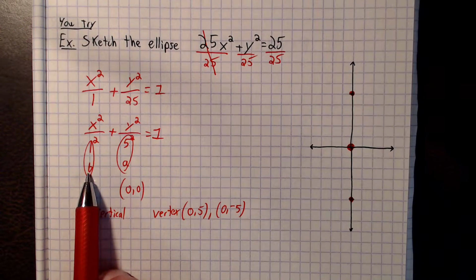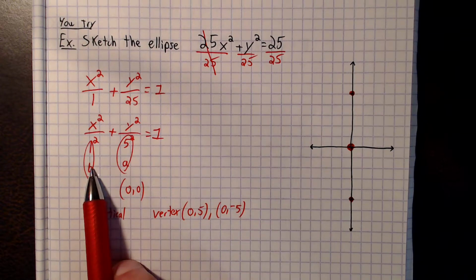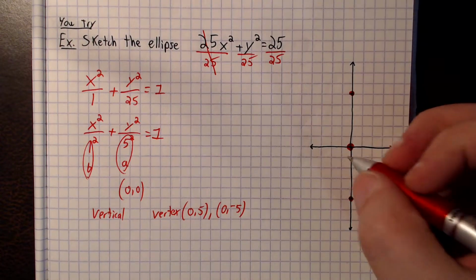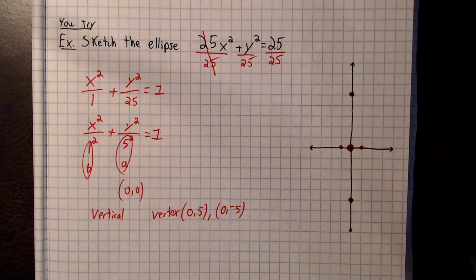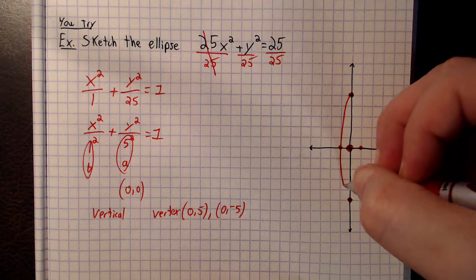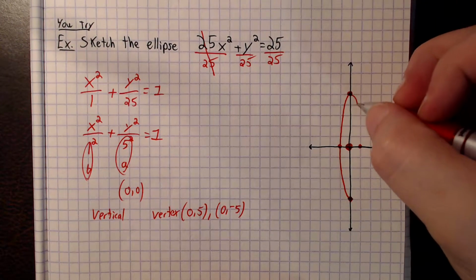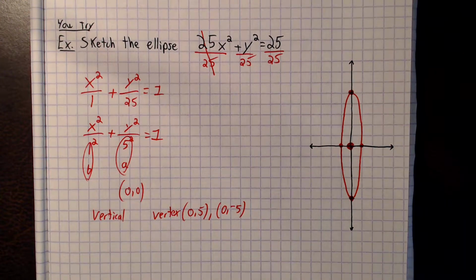Our B, our minor axis, so that would be going left and right. I have to go 1 unit in both directions. 1 unit left, 1 unit right. So this is a really skinny ellipse. And there you go.